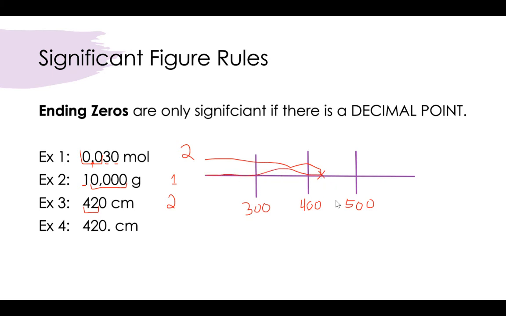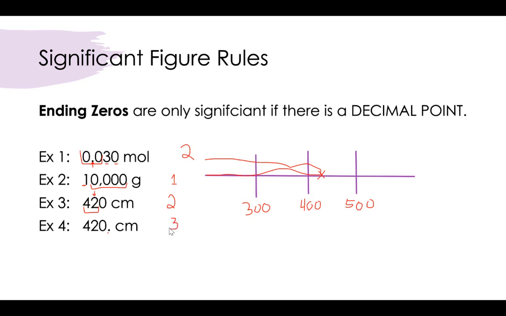And so somebody looking at this might say, okay, that looks like 430. And somebody else might say that I think that's 420 centimeters. And so notice this 2 right here is an uncertainty digit. It's an estimated value.